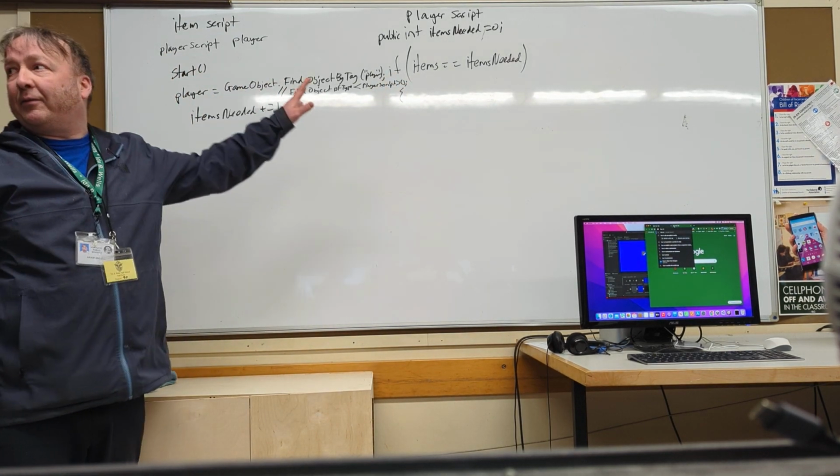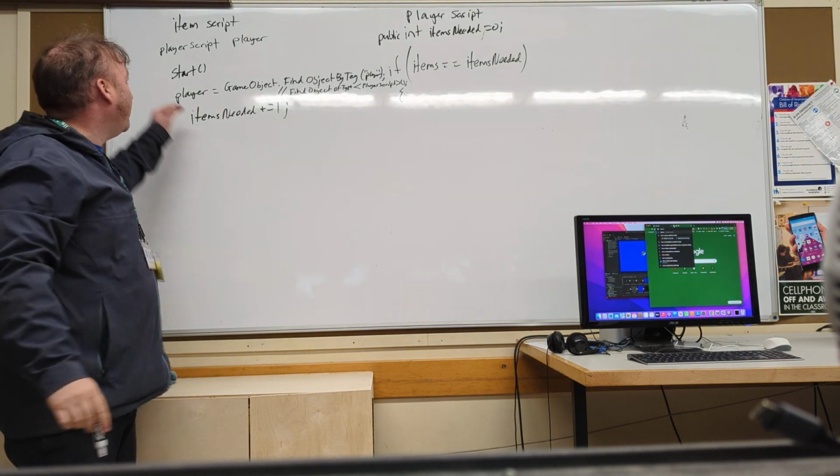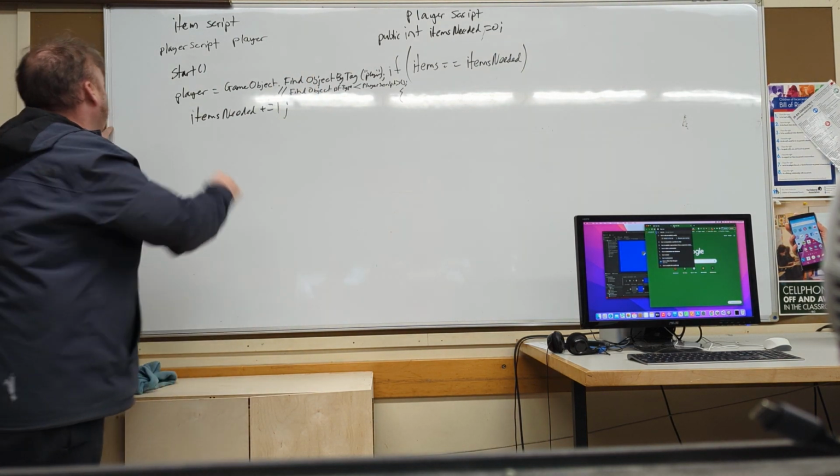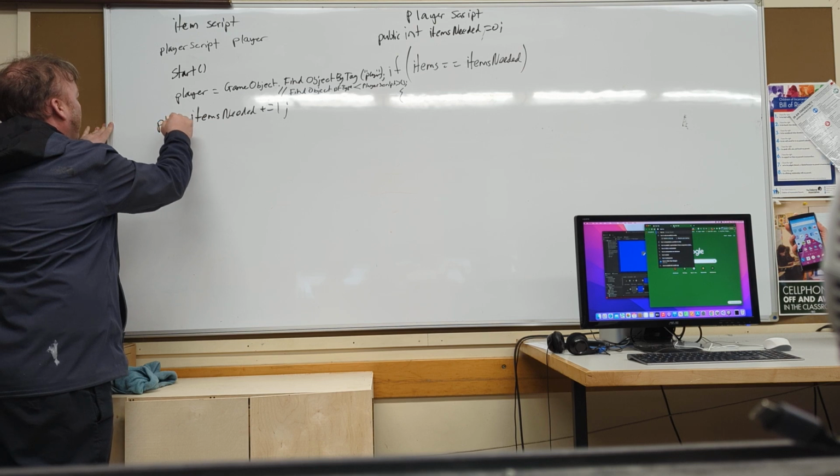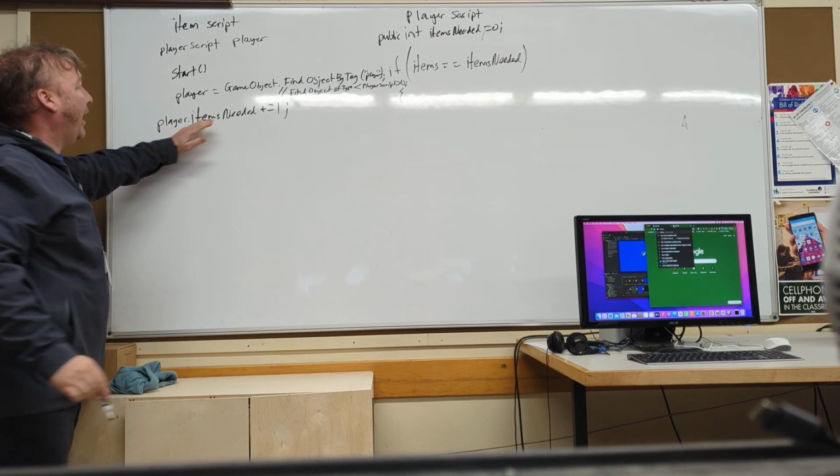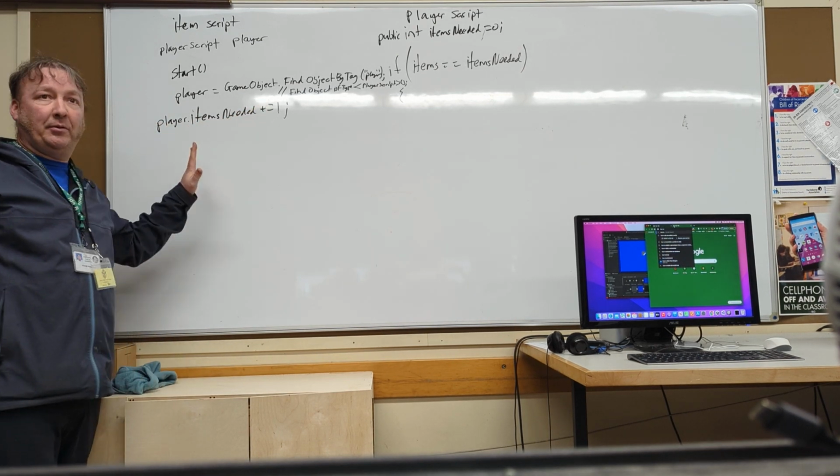So two separate ways of finding that player. We do that in start, and now we have a reference to the player that items needed. Does that make sense to people?